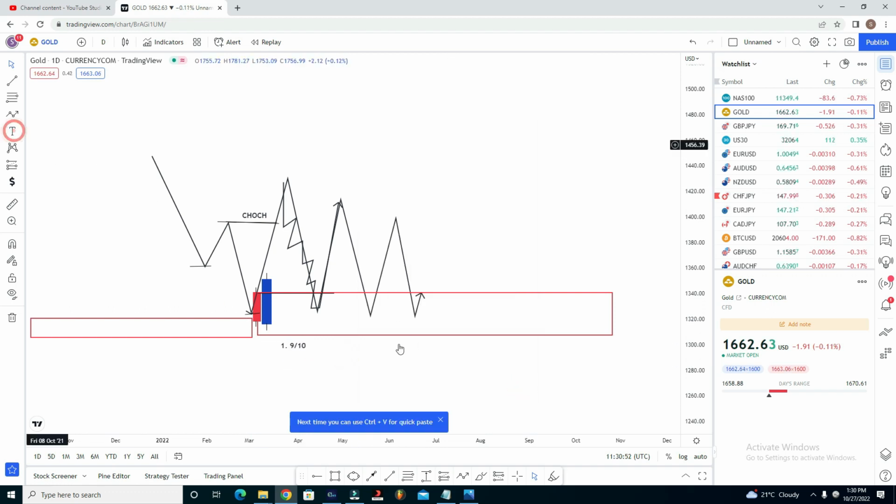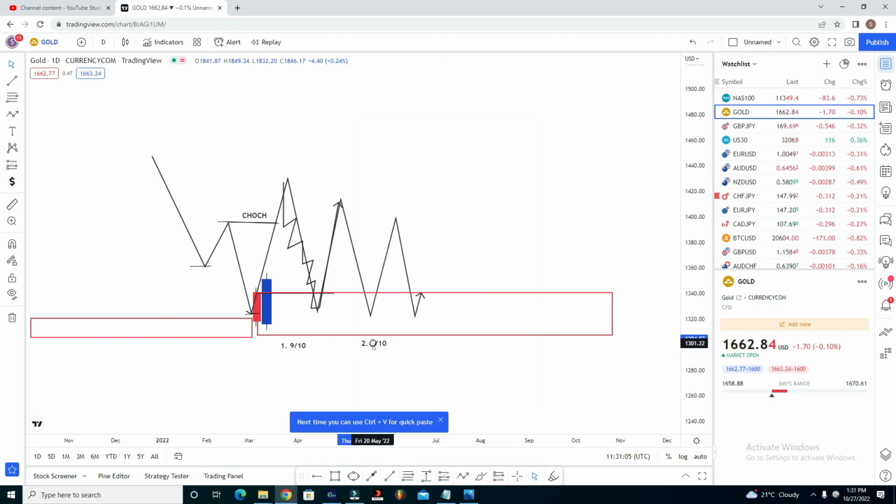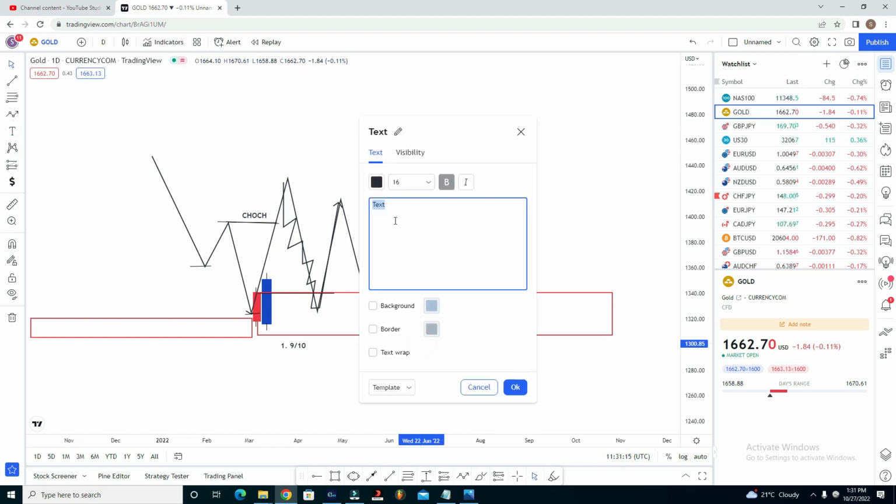And if price then comes back for the second time, our chances decrease. So now we can look at a 5 out of 10 chance of winning this trade, because remember, the zone is no longer fresh. This is actually the second time coming. So when price comes for the third time, this is when we can say we only have a 3 out of 10 chance of winning.